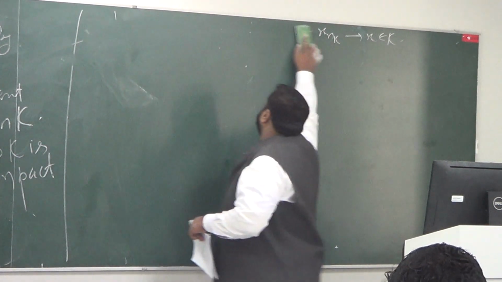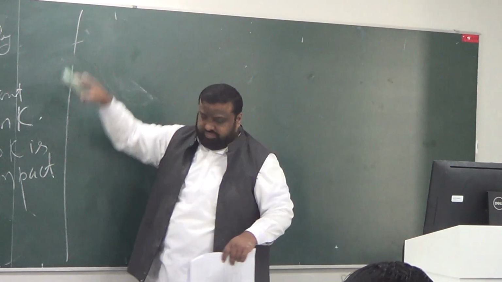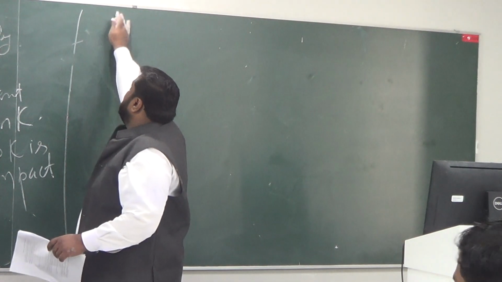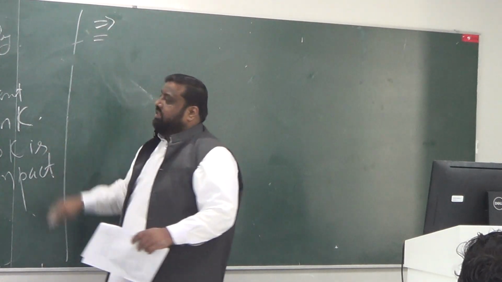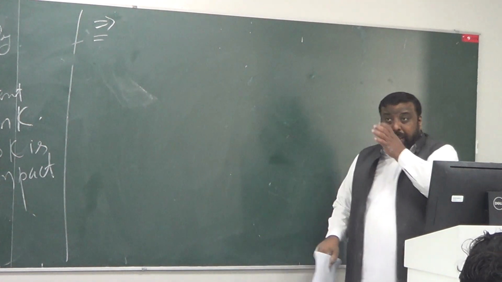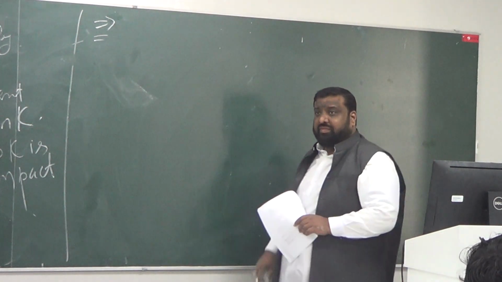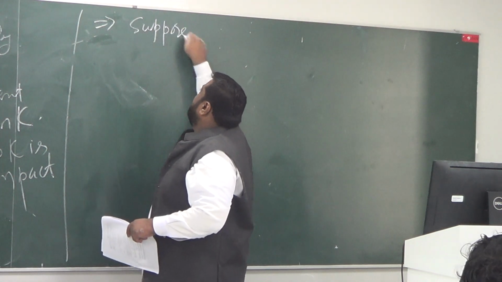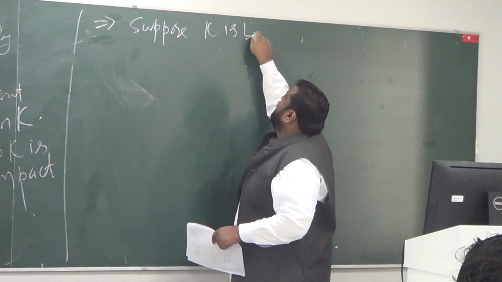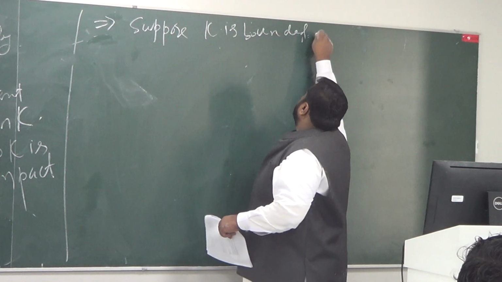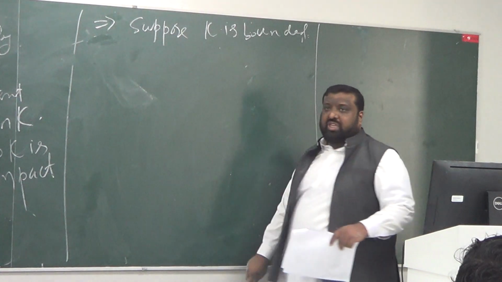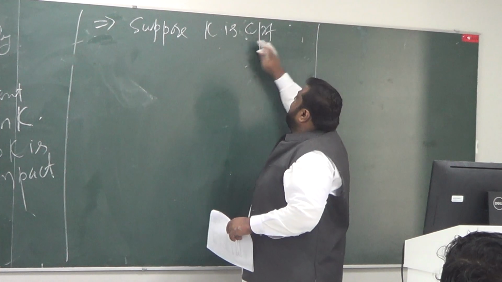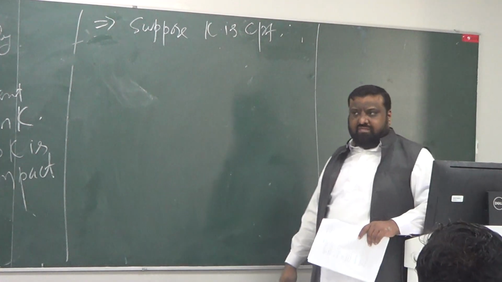Let's try to prove what we want. Let's see this thing out. Suppose K is compact. Obviously it's closed and bounded.